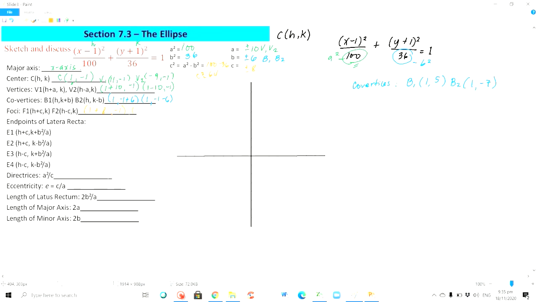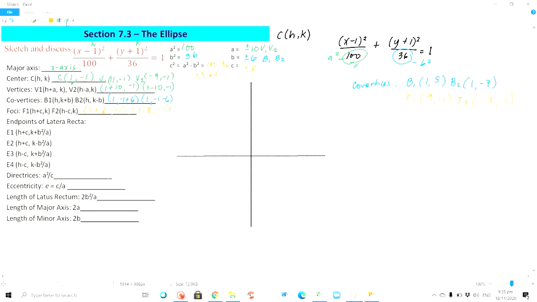For F2 is 1 minus 8 and negative 1. Okay, so sulat lang natin dito. F1 is 9 and negative 1 and F2 is negative 7 and negative 1.